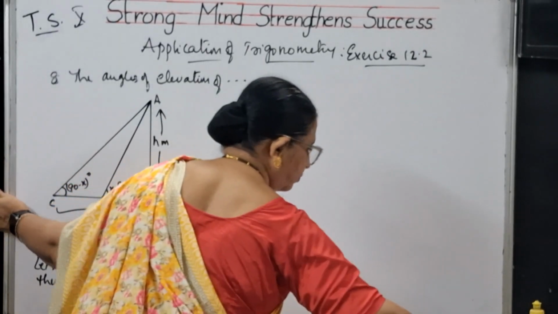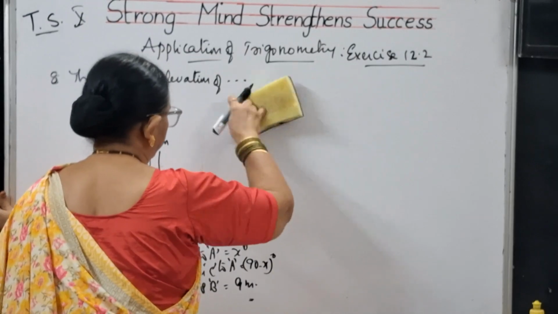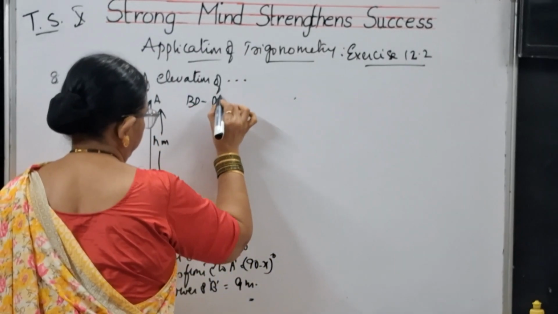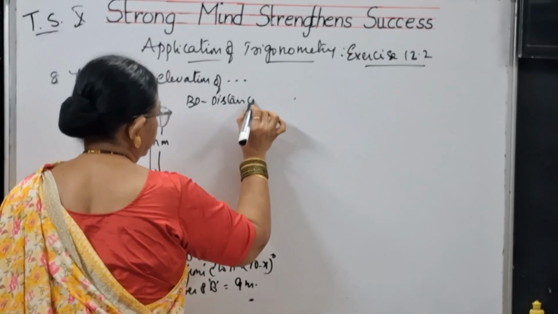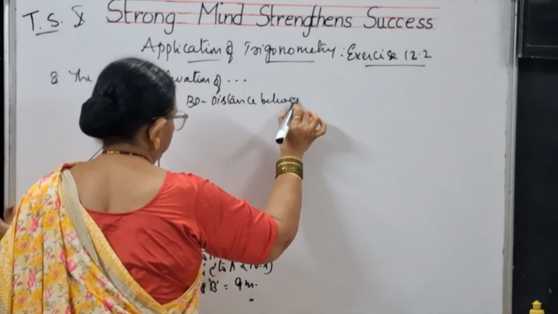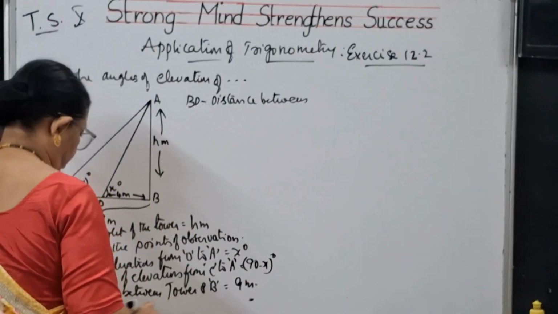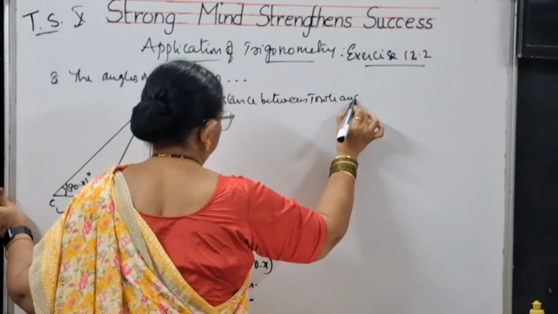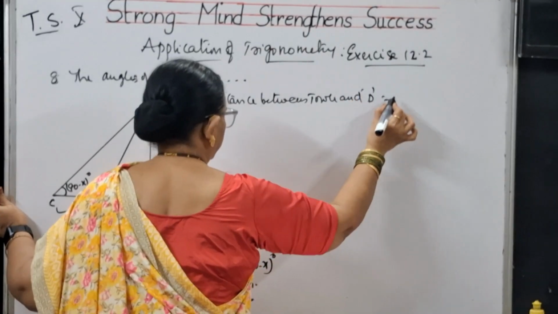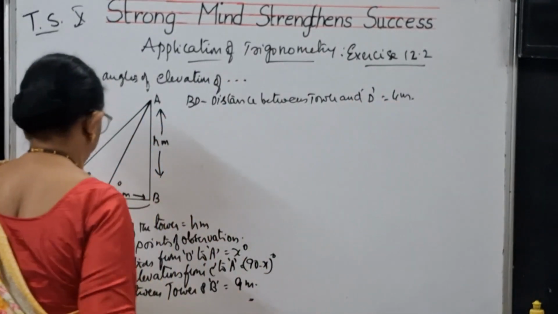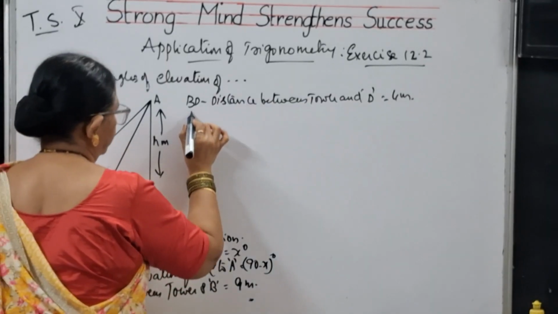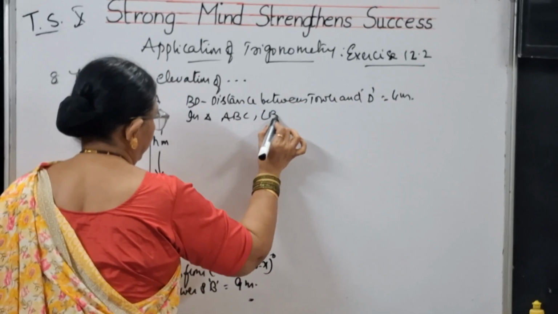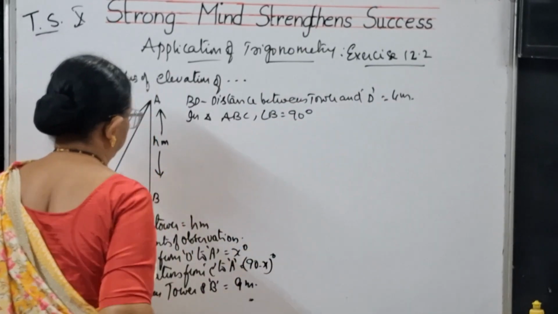Let me write it here, afterwards I'll talk about this triangle. BD is the distance between the tower and D, that is equal to 4 meters. This is 4 meters. Now in triangle ABC, angle B is 90 degrees.